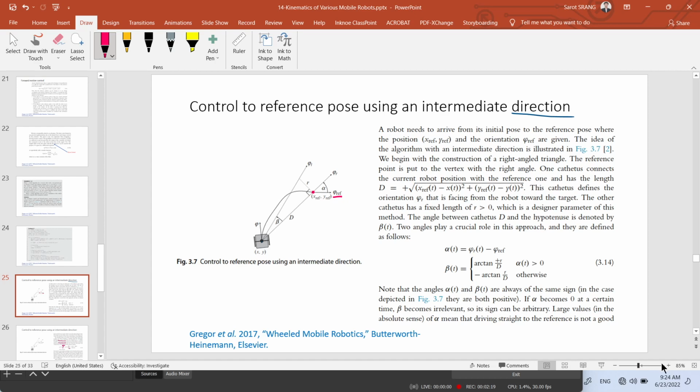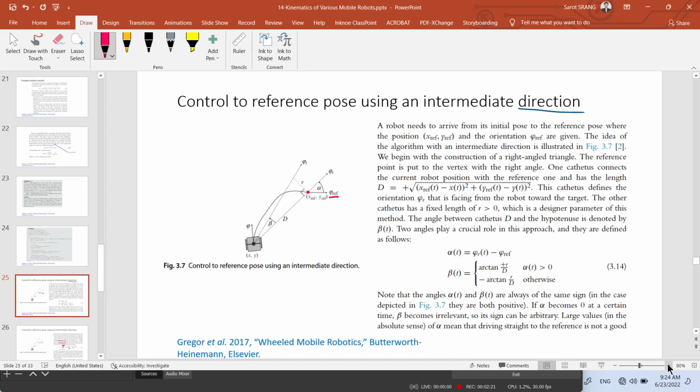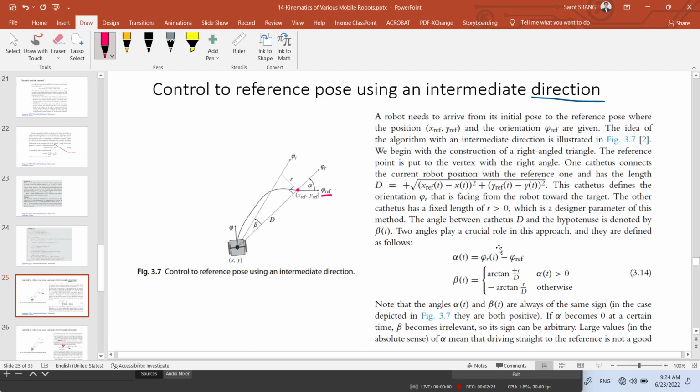Phi ref is the desired reference orientation at the goal point.